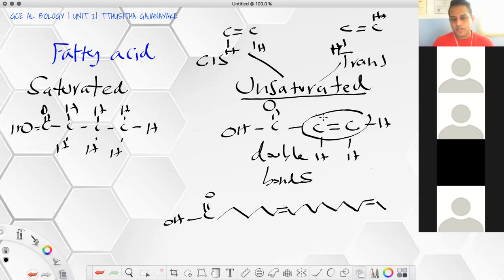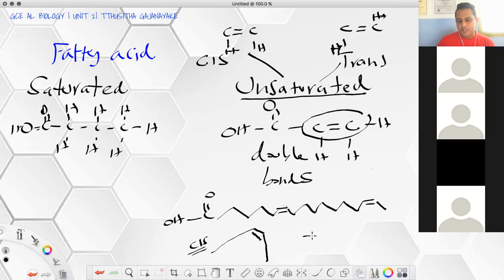Another important thing, when they make this double bond, the double bond is very strong, and then the fatty acid long chain is bending like this. This is the double bond and it is bending. So we can see this in the cis fatty acid.